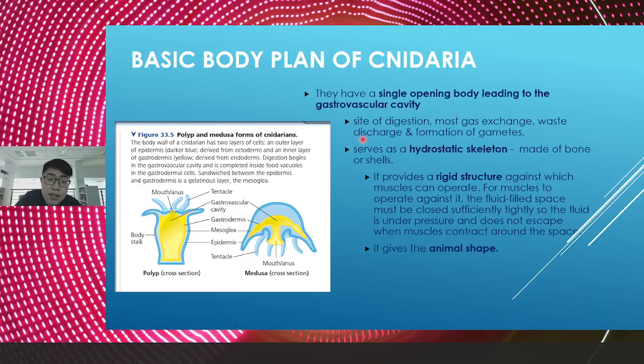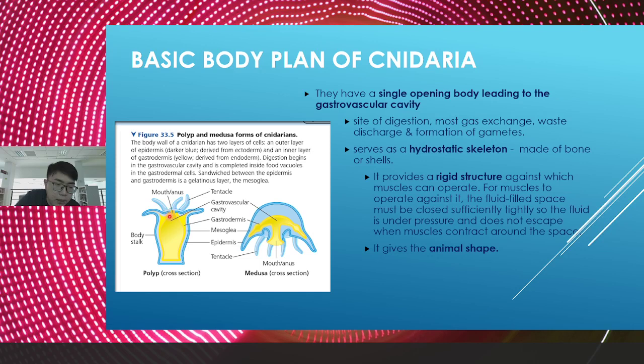Then this is the body plan of Cnidaria. I will explain the body plan of Cnidaria. You will see this picture. It is actually a single-opening body leading to the gastrovascular cavity. It means that it has one opening. Dia ada satu lubang punya.